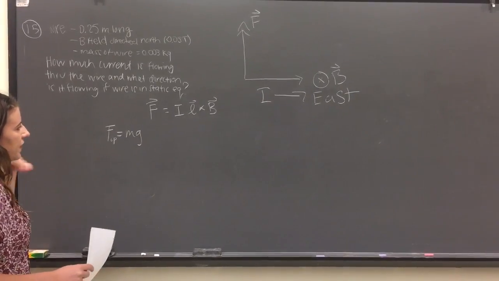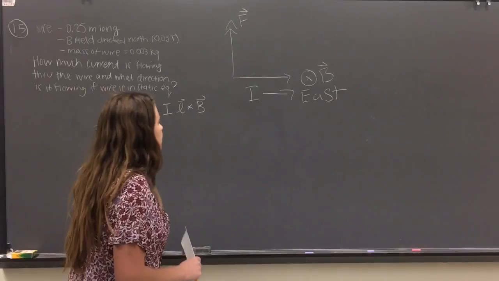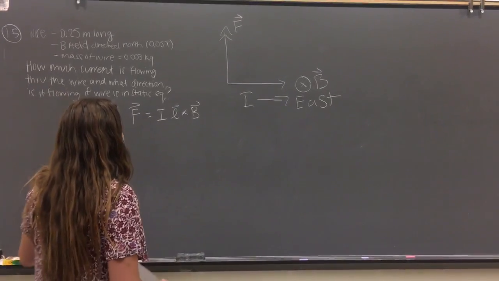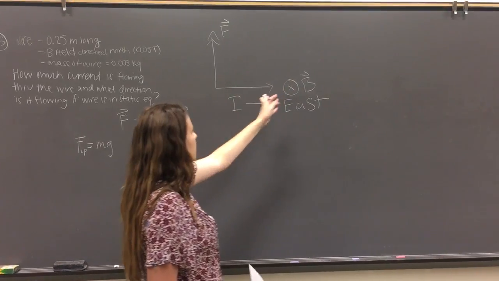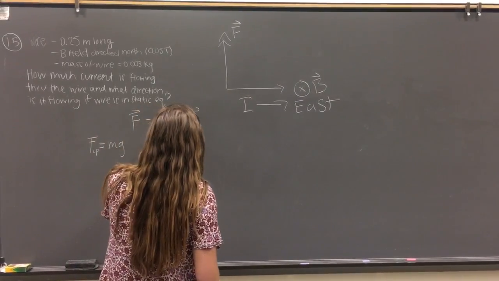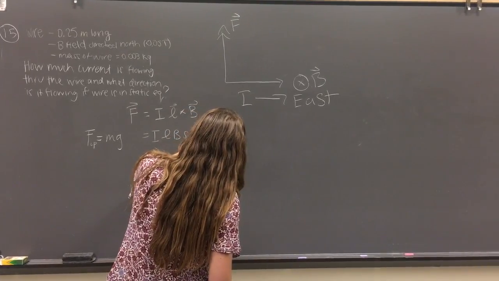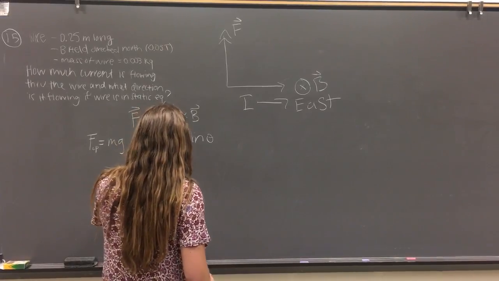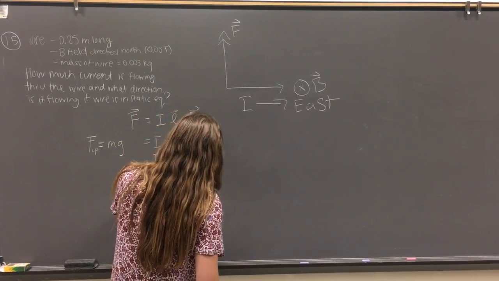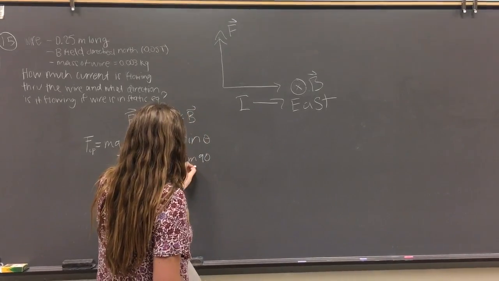So, and how we'll be able to turn this from a cross product into actually solving for I, since the angle between B and L is 90 degrees, so B is perpendicular to L, we would rewrite this as F = I L B sine of theta. Theta is going to be 90 degrees, so it would be I L B sine of 90, and sine of 90 just goes to 1.